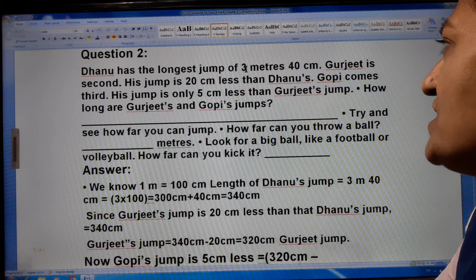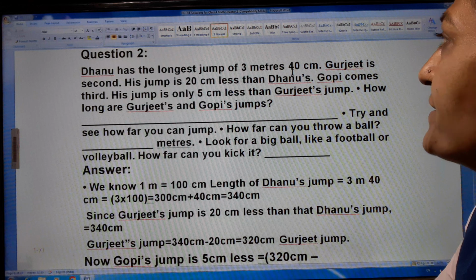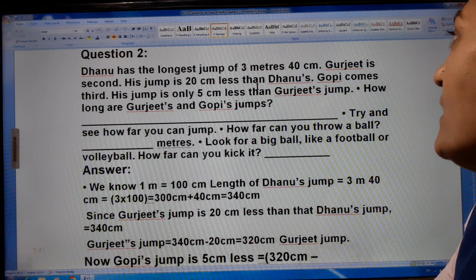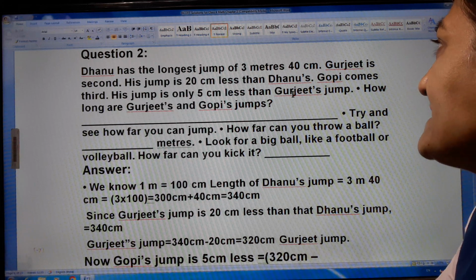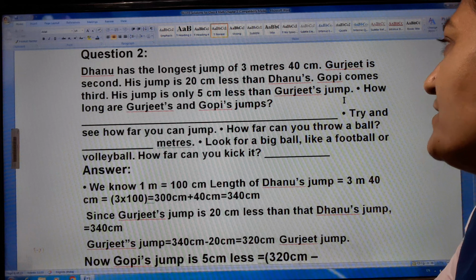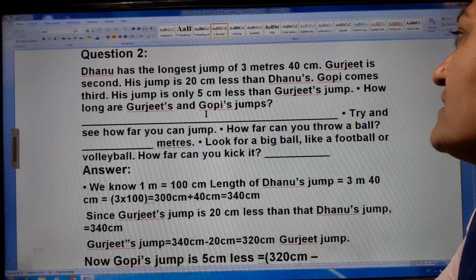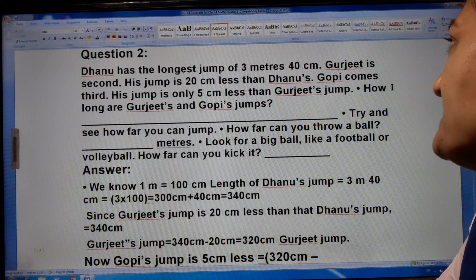Means 3 meter and 40 centimeter minus 20 centimeter is equal to 3 meter and 20 centimeter. Gopi comes third. His jump is only 5 centimeter less than Gurjit. So 3 meter 20 centimeter minus 5 centimeter, then it is Gopi's 3 meter and 15 centimeter.